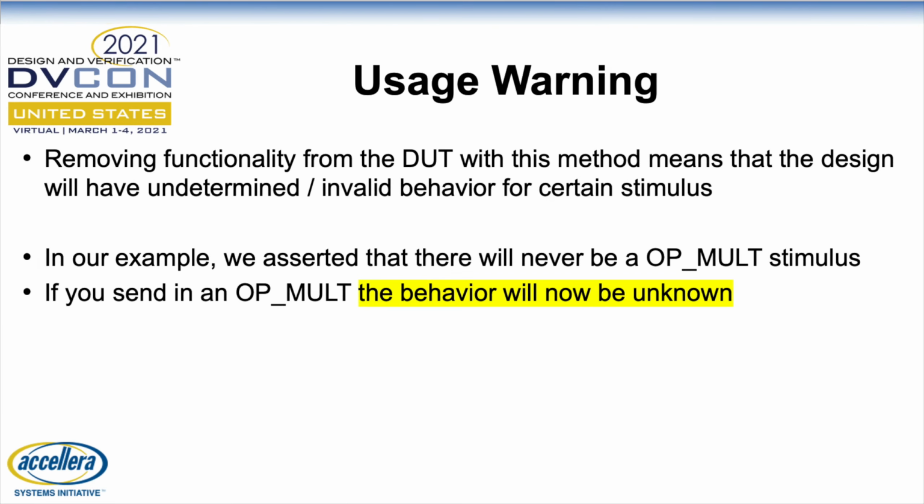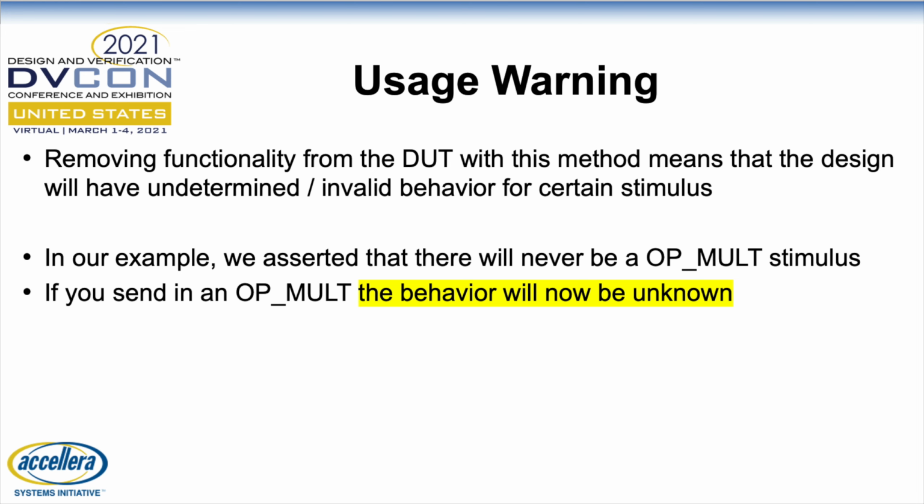When we do these optimizations, it's very important to realize that what we're doing is we're actually removing logic that responded to certain stimulus patterns. And when we've removed the response for certain stimulus, completely just obliterating it from the gate level netlist, we've actually created a design that cannot operate correctly if you give it the stimulus in question. For example, in our tiny ALU example, we said it's impossible for this design to ever get an op mult.